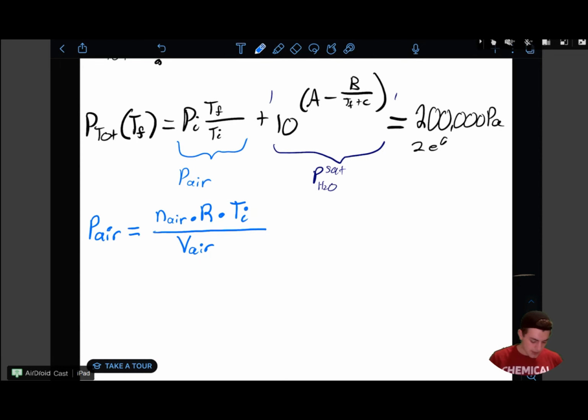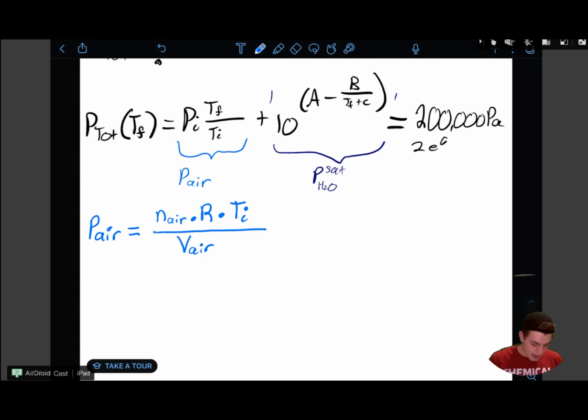Okay, so this is really as far as we can go in deriving our equation for the pressure of air, because we have no way of calculating this volume of the air. Remember earlier what we did was we subtracted the volume of the water from the total volume. However, in this case, that is not applicable.